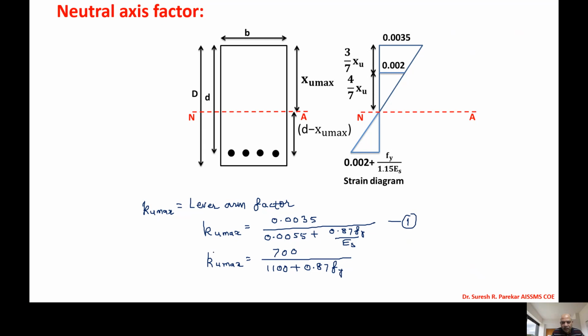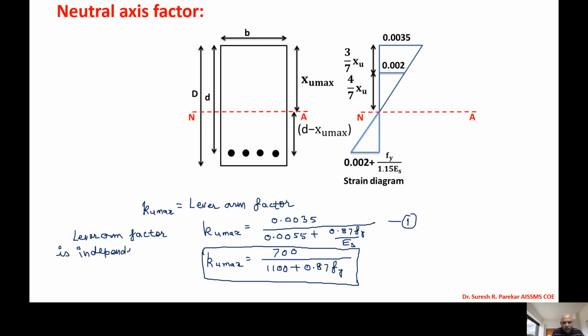So from this formula it is very clear that my neutral axis factor is independent of grade of concrete.